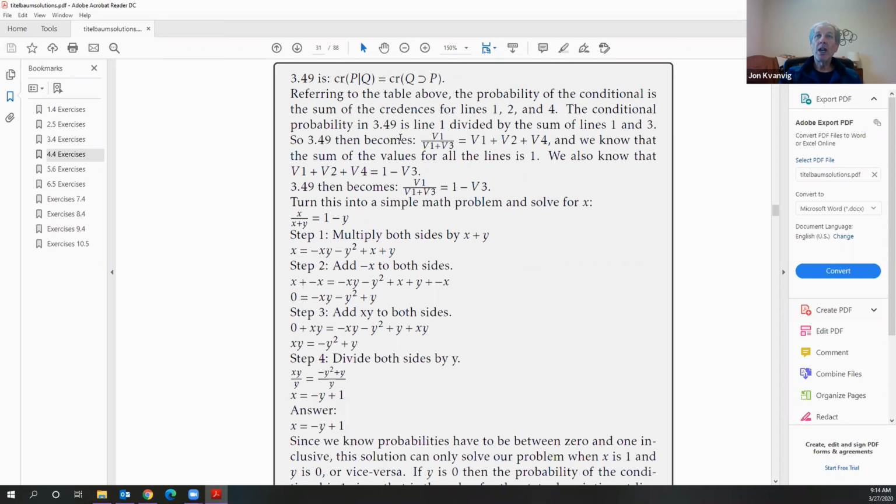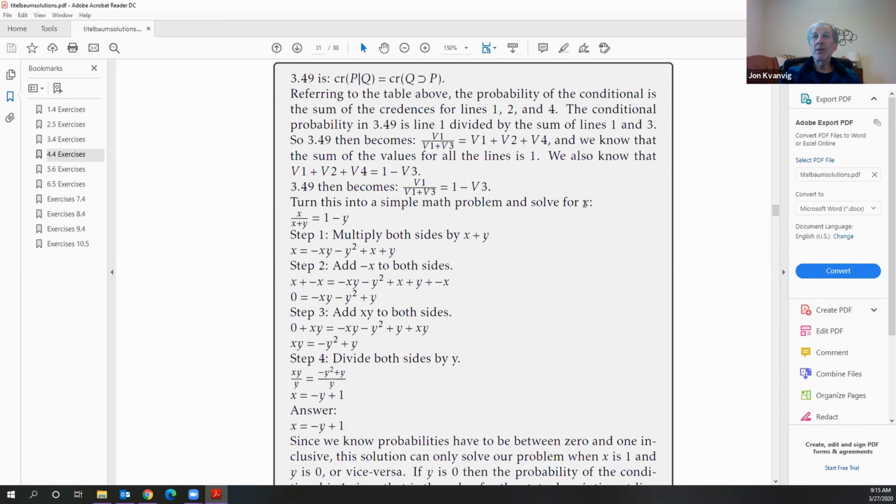So 3.49 becomes the value for line 1 over the value for 1 plus the value for 3, and that equals the value for 1 plus 2 plus 4. Now we know that the sum of all the lines is 1, so we know that V1 plus V2 plus V4 is the same thing as 1 minus V3. So with all that, here's the formula we're trying to solve for: V1 over V1 plus V3 equals 1 minus V3.